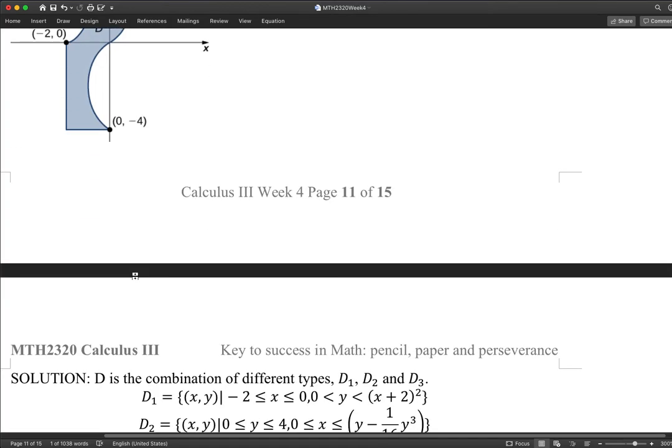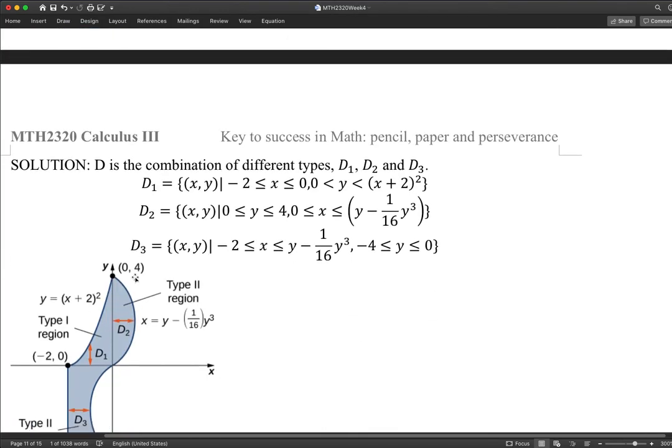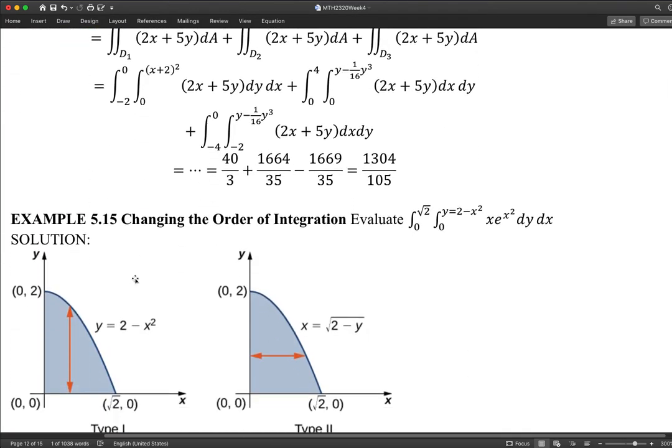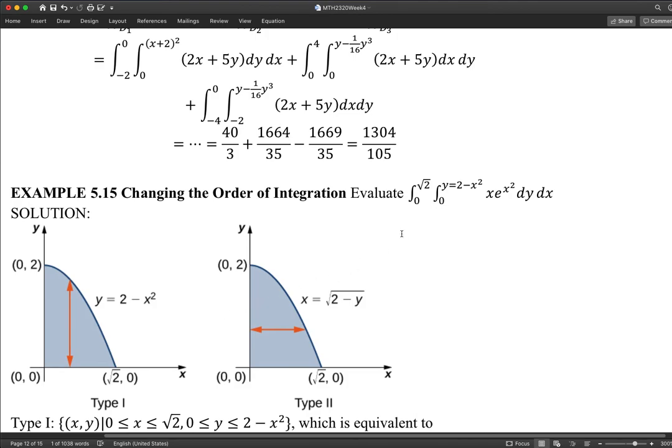Sometimes you may have a given iterated integral. Everything is given. Looks like we don't have to do anything else at all, just do a straightforward calculation.